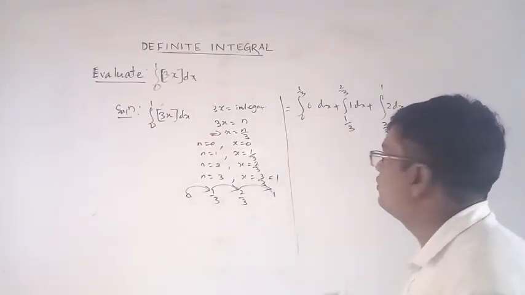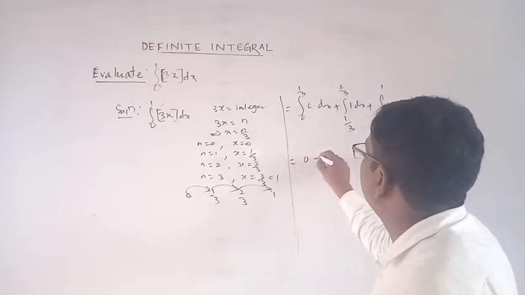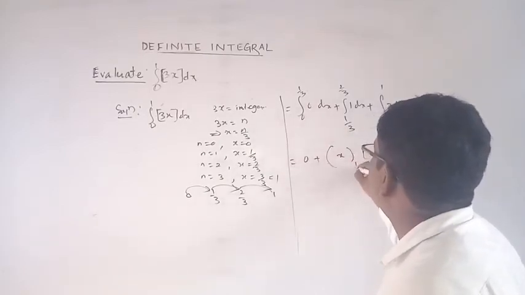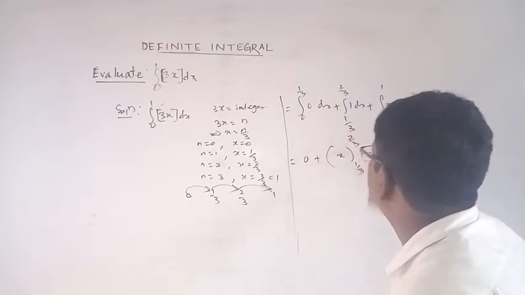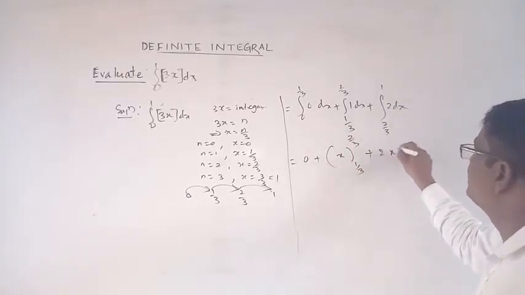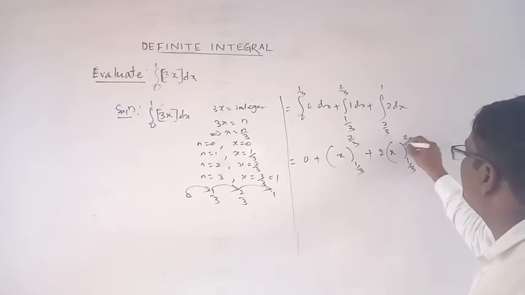So this is equal to 0, and this is x from 1/3 to 2/3, plus 2x from 2/3 to 1.